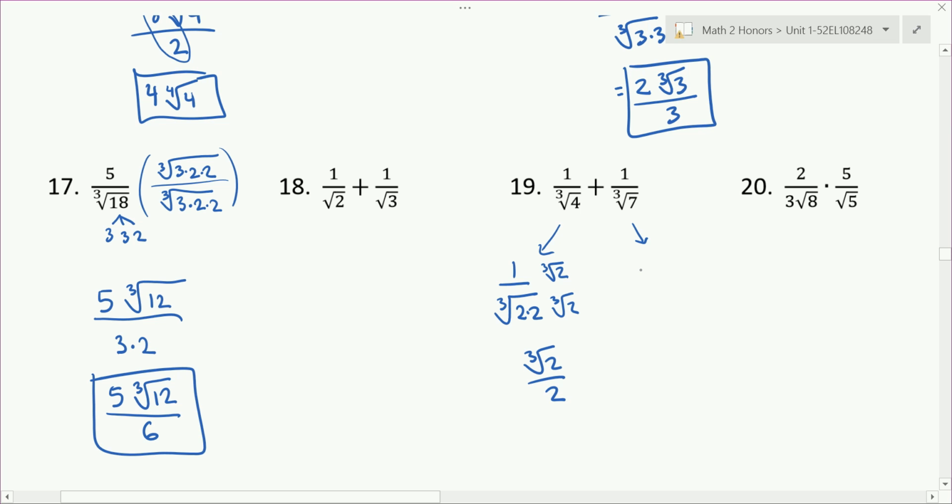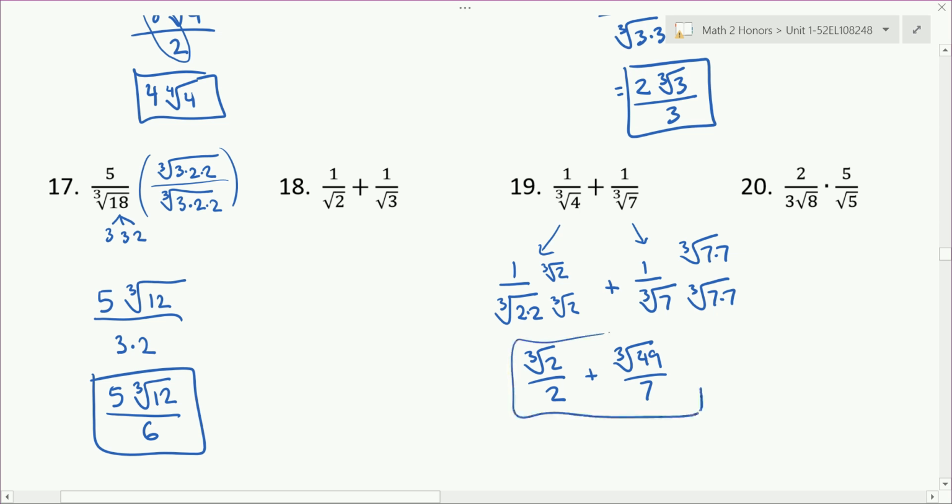Second one, 1 over cube root of 7. I need to multiply by the cube root of 7 times 7, which is cube root of 49 over 7. I'm okay if you leave it like this at this point.